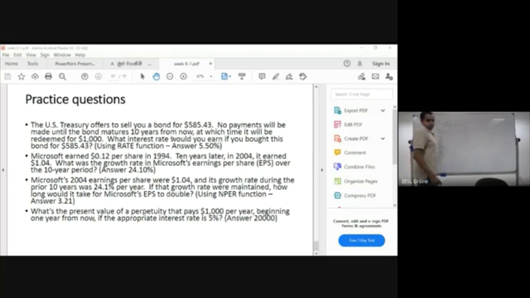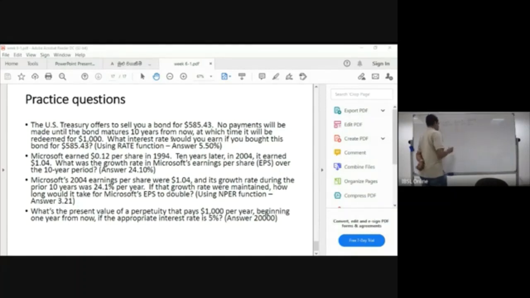Present value 0.12. 10 years later, the future value 1.04. What was the growth rate? Meaning, what was r?